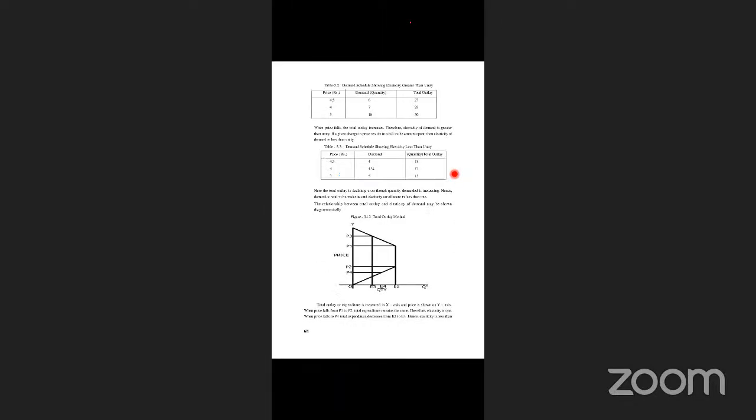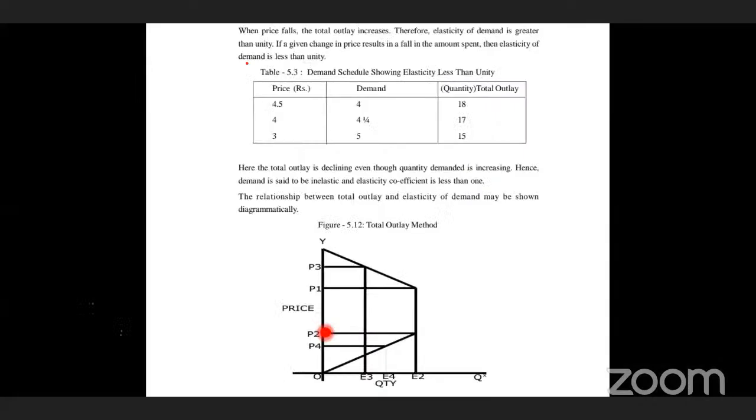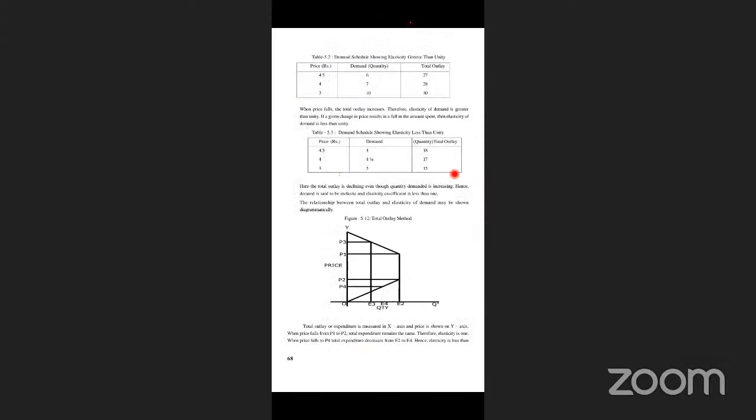Now see this table. Demand schedule showing elasticity greater than unity. That is when E is greater than 1. When is E greater than 1? The above part.